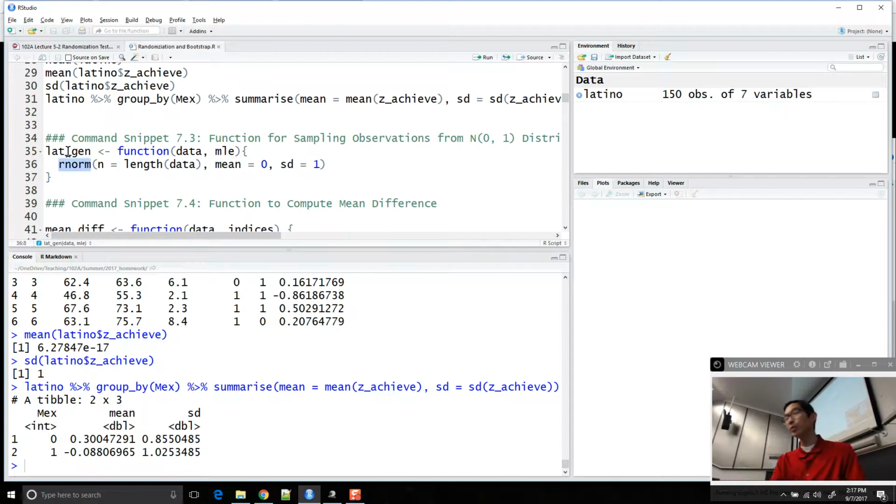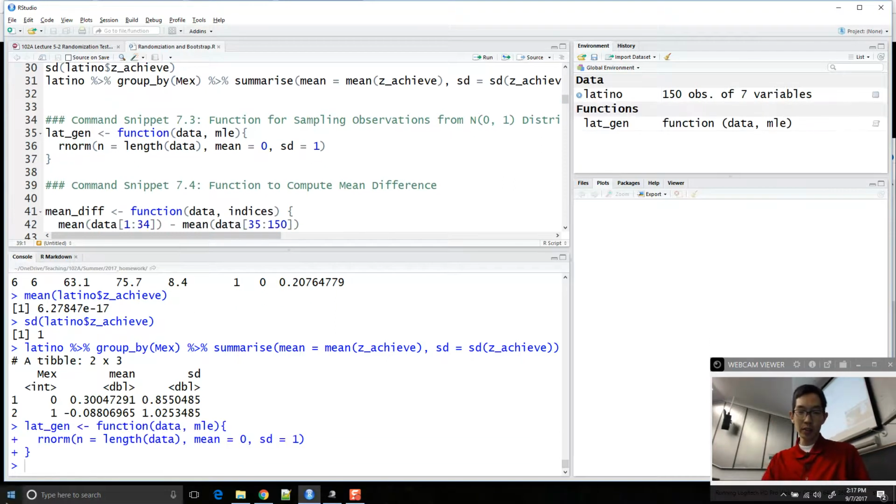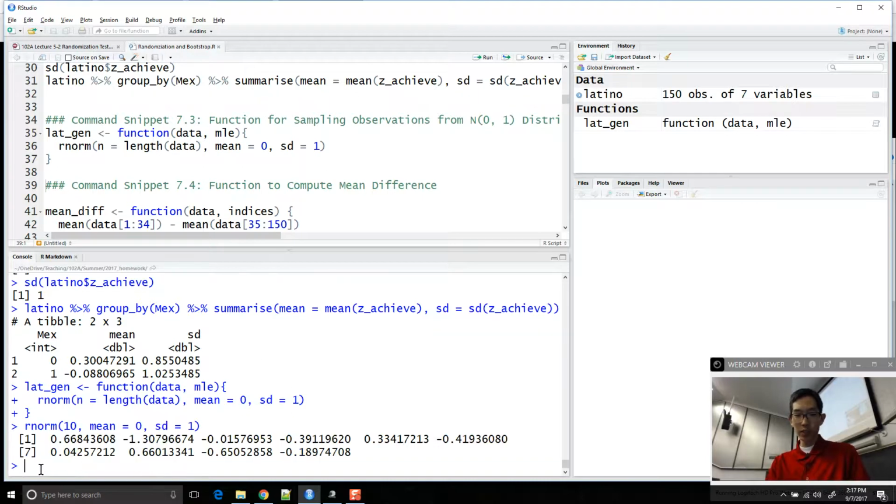Okay, so what we're going to do here is generate a bunch of values using R's random normal function. Here we're throwing it inside a function, but effectively I could just do rnorm 10 with mean equal to 0 and standard deviation equal to 1, and this will generate 10 random values from a normal distribution.